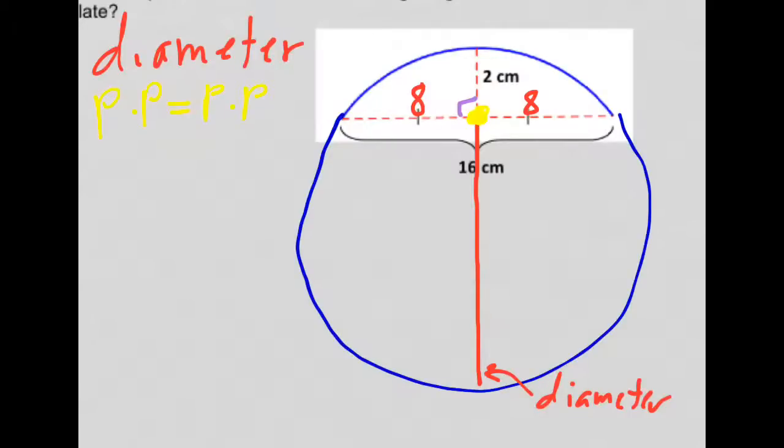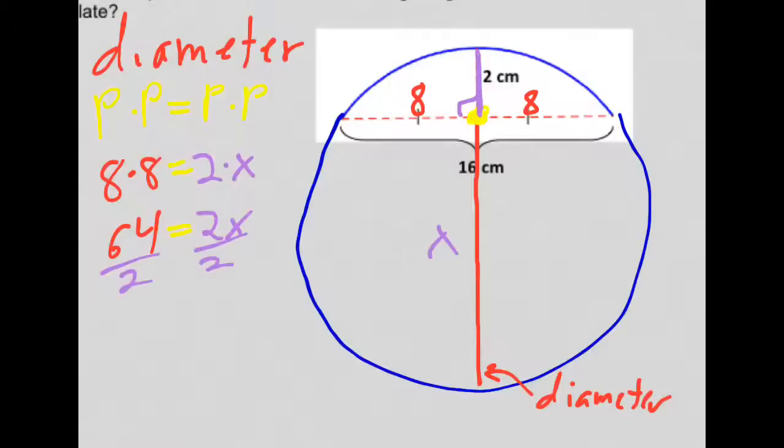Well, I know that part is 8 and part is 8, therefore 8 times 8 equals, here's 2 times, I don't know, x. 8 times 8 is 64 equals, well, it's just still 2x. I divide both sides by 2 and I get x equals 32.